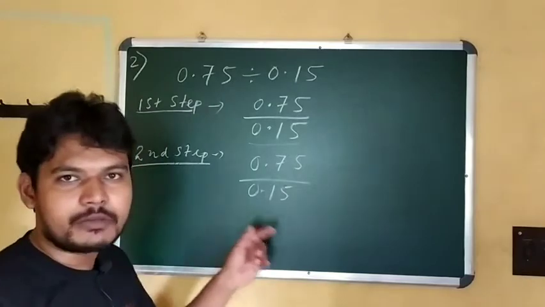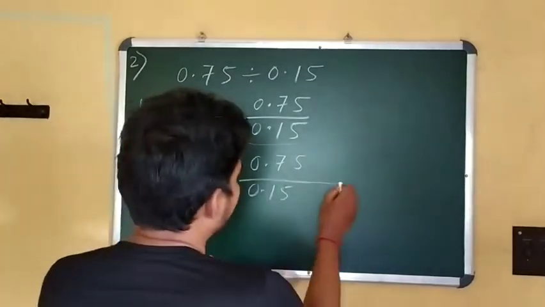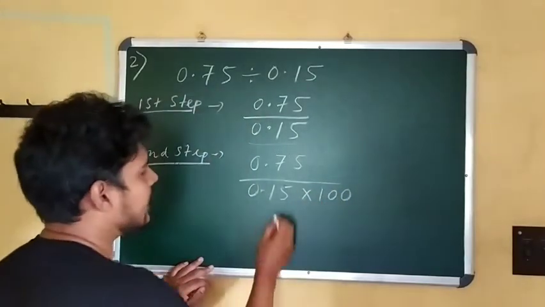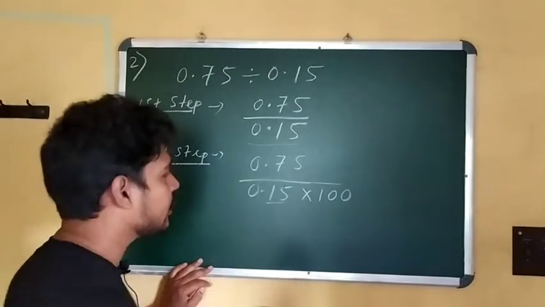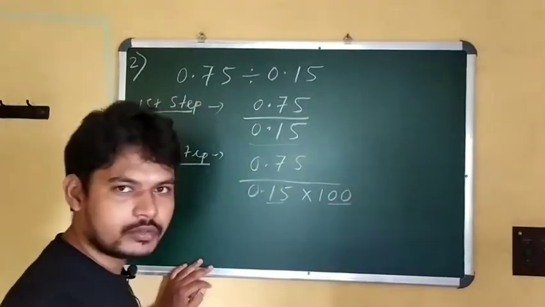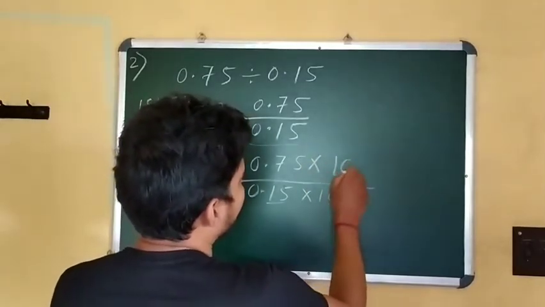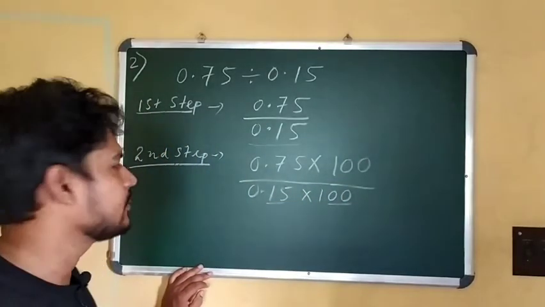Now we have to convert the denominator into a whole number. So we have to multiply by 100, as there are two decimal places at the denominator. Now we have to multiply with the same number, 100, to convert these two into an equivalent fraction.